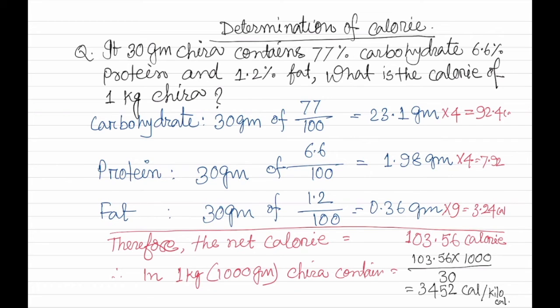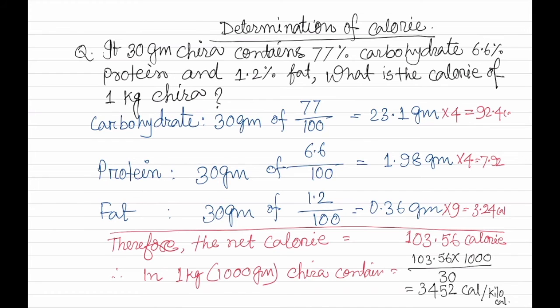For this reason, 3452 calorie will be 3452 kilocalorie.